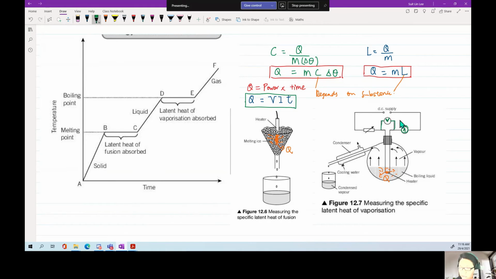So ammeter is series, voltmeter is parallel. The rheostat is to adjust the current, so the current is always the same. Think about your paper 5. So this VIT is important because we will use VIT to find Q. Understand that sometimes they will ask for rate of energy transfer, then you need to divide back by the time again. So it depends on the question.